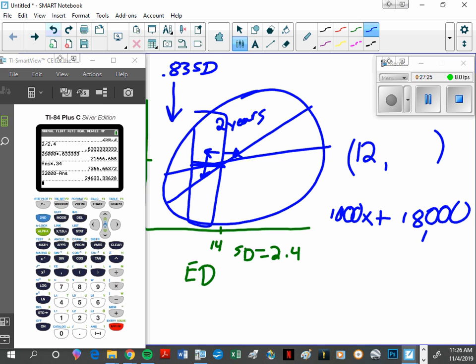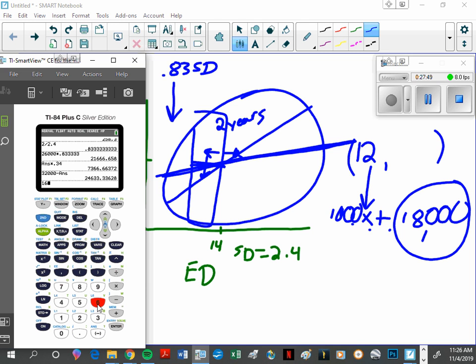So the equation of this regression line is about 1,000x plus 18,000, which means if you don't go to any school, you're expected to make $18,000 a year. And for every year of education you earn, you will make another $1,000. So if you go to school for 16 years, which would be a 4-year college degree, times 1,000 plus 18,000, then you would expect to make $34,000 your first year in your job.